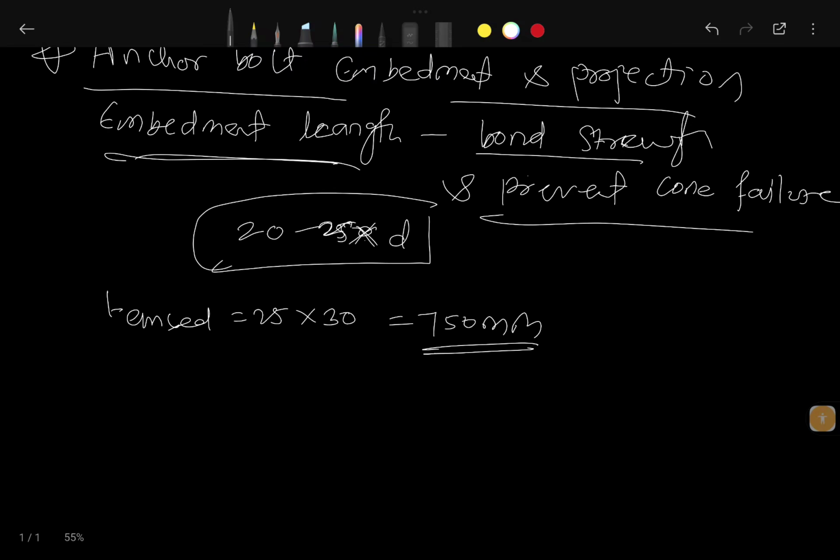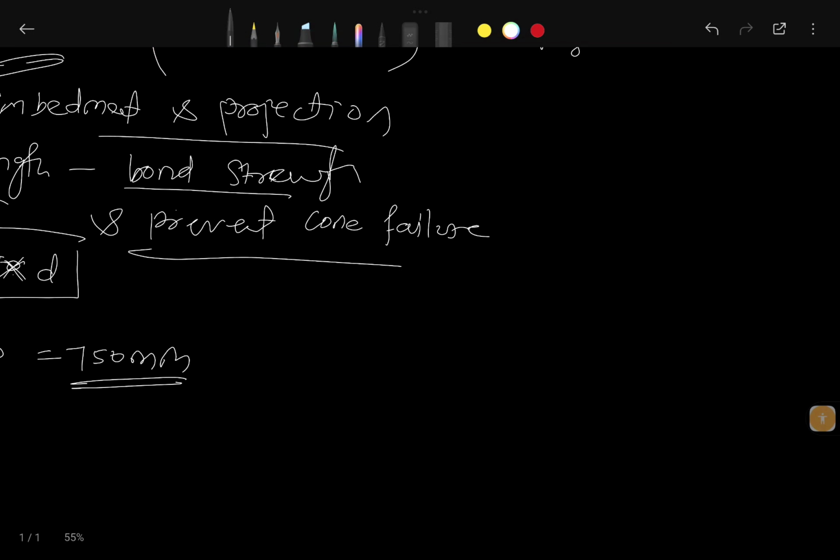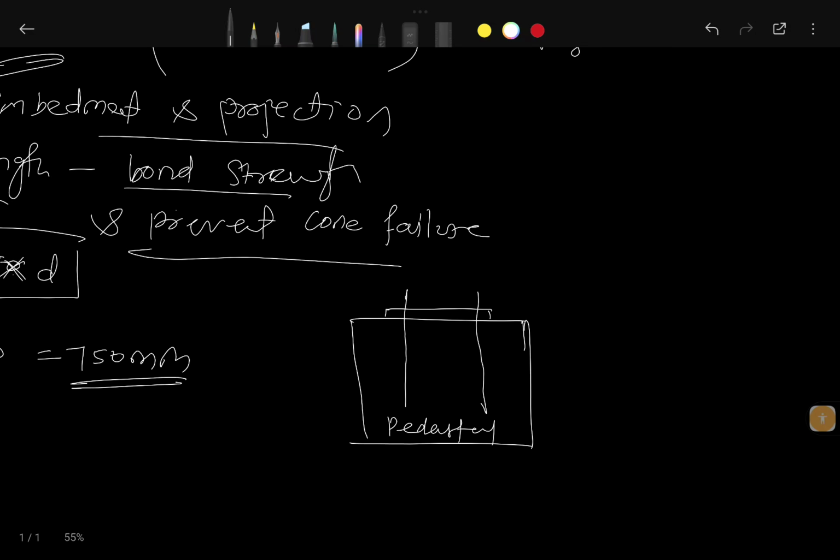The projection: the bolt should project above the top of the base plate. Suppose this is the pedestal and this is the base plate, and here we provide the anchor bolt. This anchor bolt should project above the top of the base plate.